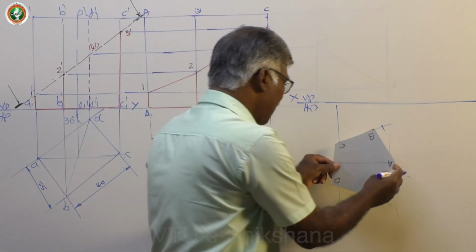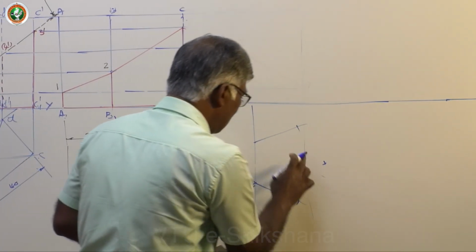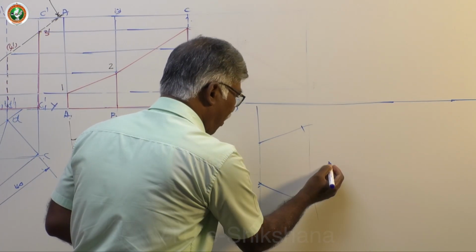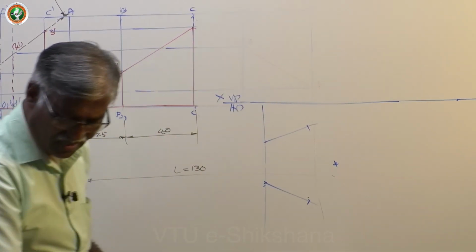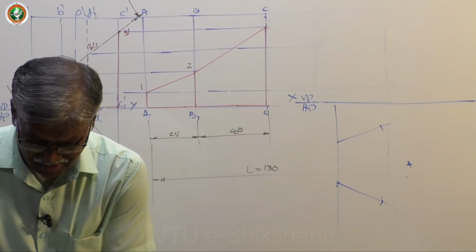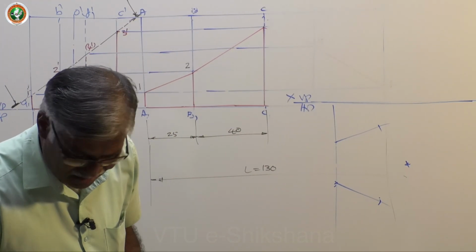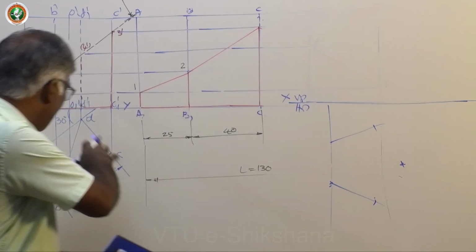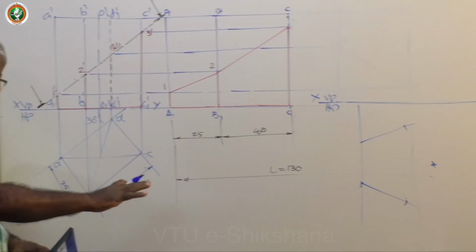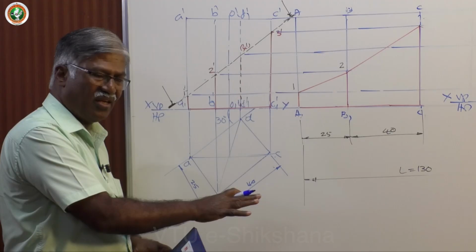Then again take this distance only and draw arcs. Now join this with the light lines only. Then we can dark. Otherwise, you need not worry about the top view, dark line, thin line, etc. Let it be thin line only.